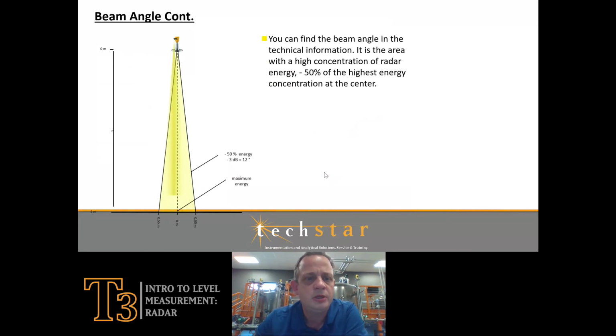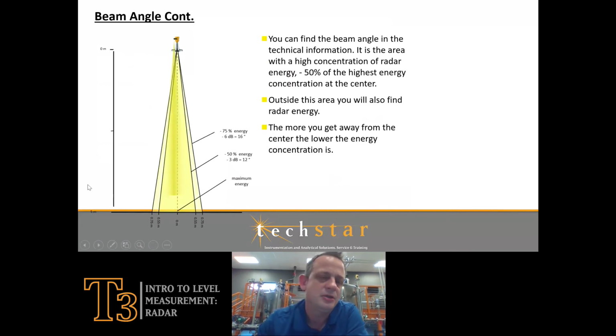So what's going to determine something being in the way or being inside of the measuring range? You can see in this picture here, I'm going to get most of my energy right here in the center. Whatever is hitting that is going to be where I get my largest echoes. I'm going to get my most return, my most signal coming back up to my device. The stuff on the outside is going to be a little weaker.